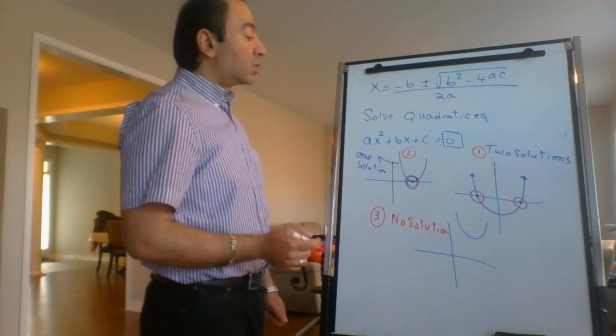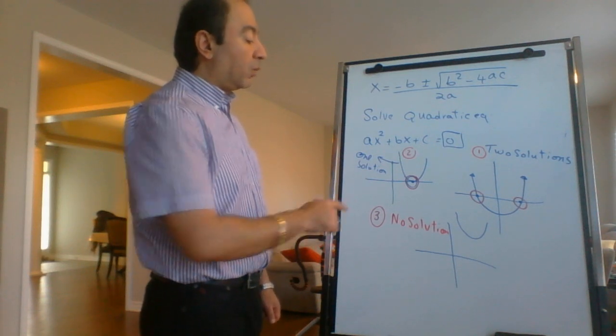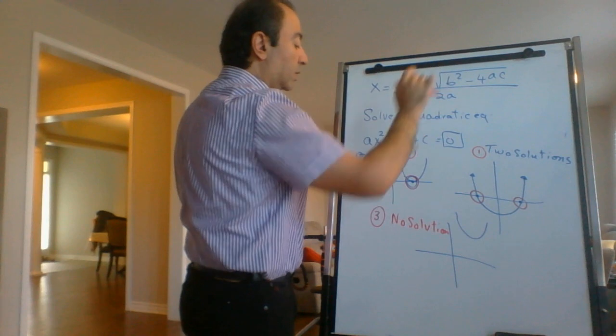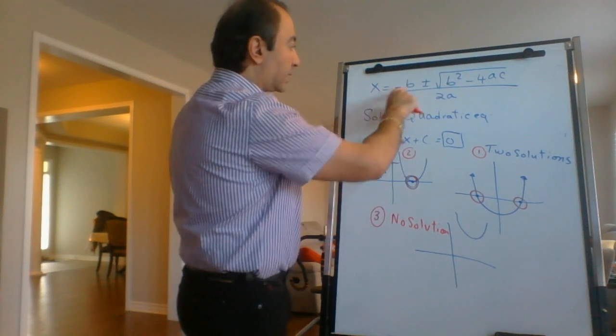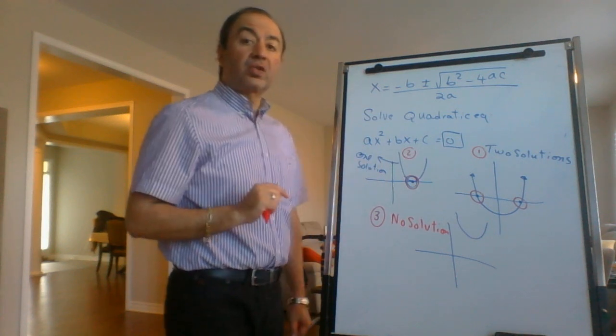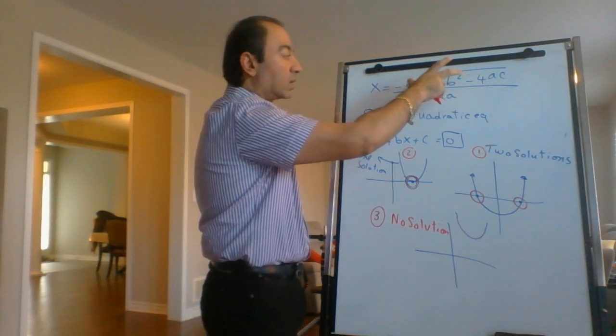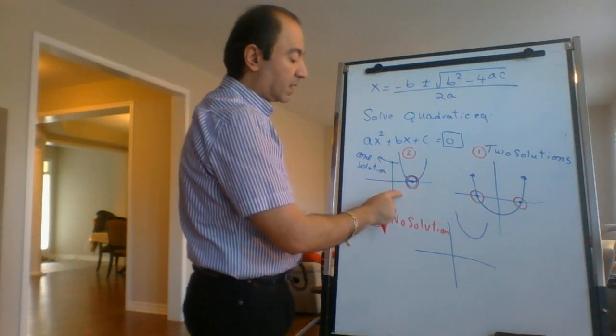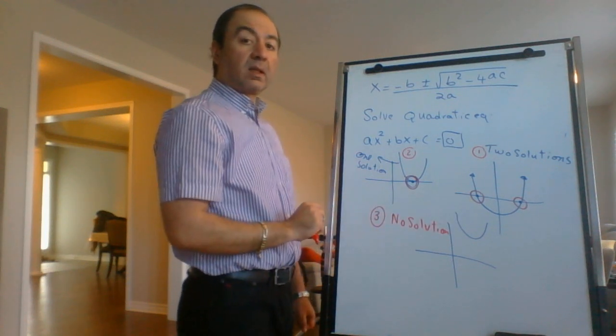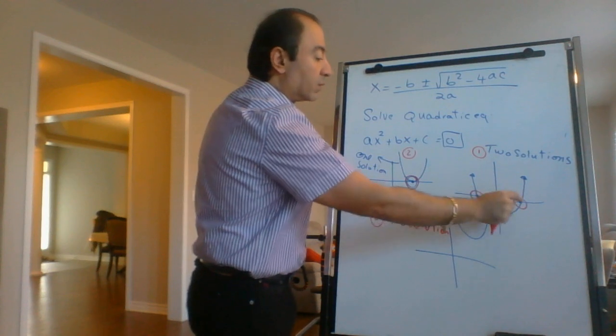Okay. So let's say I have an equation in this form, and I substitute it here. Which part of this equation determines if I have this case, or this case, or that case? This will give me the values.